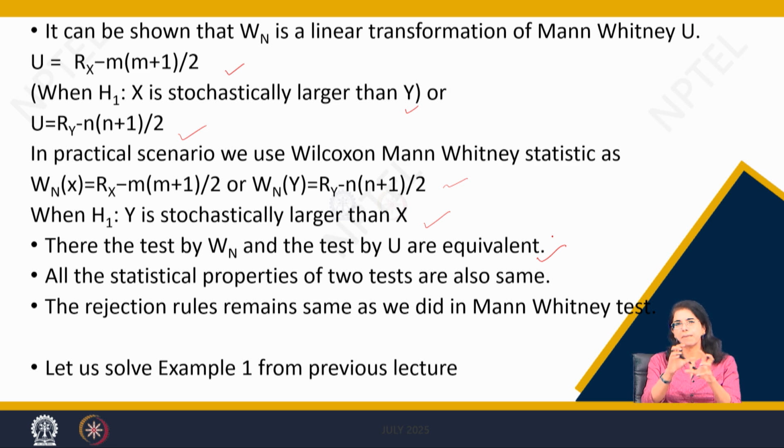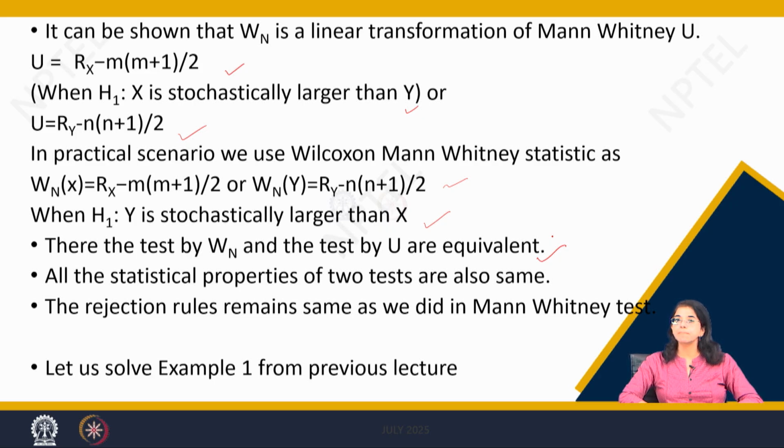You just have to make out the rank sum of Y. So, the test by Wn and the test by U are equivalent. Equivalent means they give the same power, same critical point, everything. So, all the statistical properties of these two tests are the same.